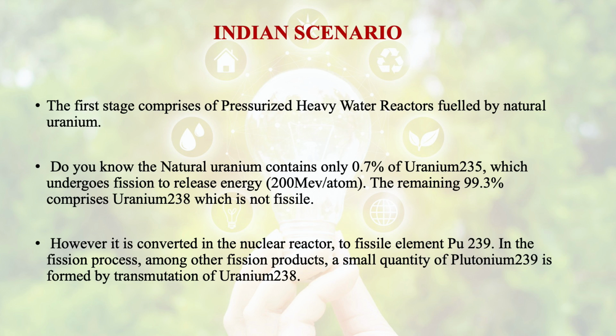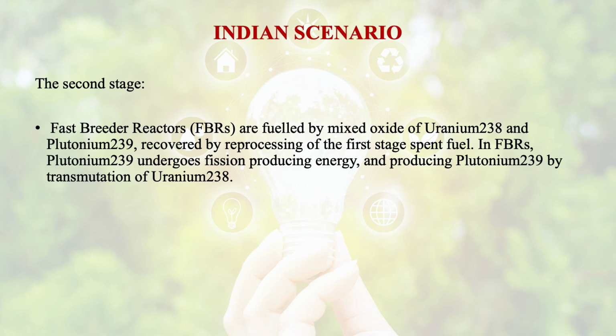In the fission process, among other fission products, a small quantity of plutonium-239 is formed by transmutation of uranium-238.